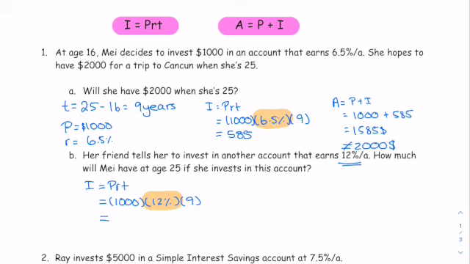This will give us an interest on that money of 1080, and then you can calculate how much she'll have. She started with 1,000 and gets 1080 on top of it, which will give her 2080. So yes, she would indeed have enough if she invests with the 12% rate for her trip to Cancun.